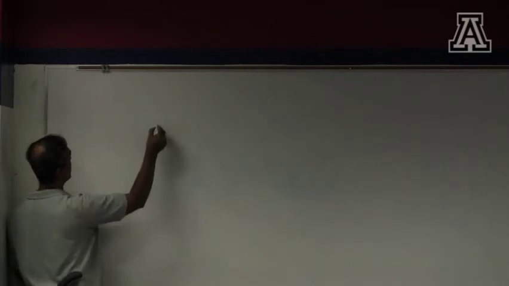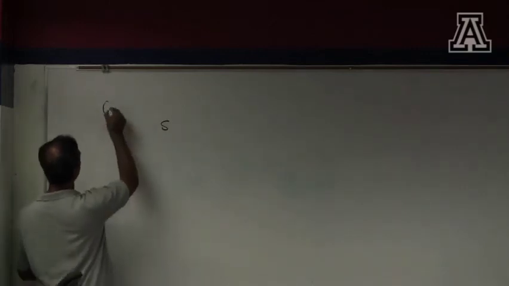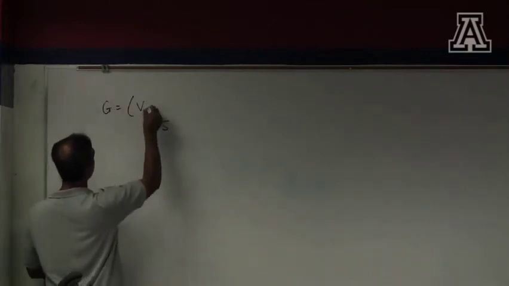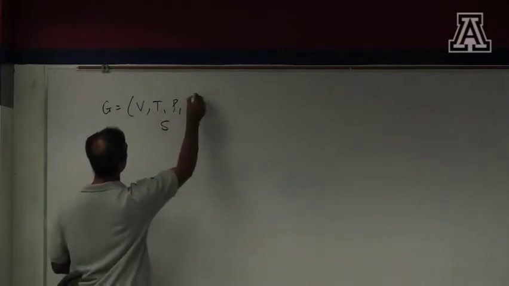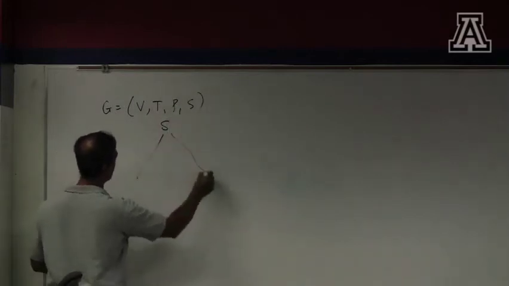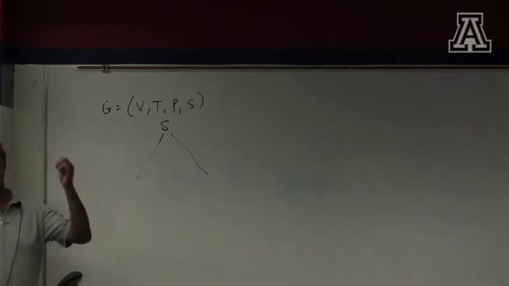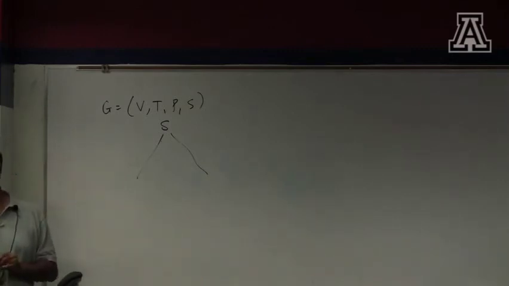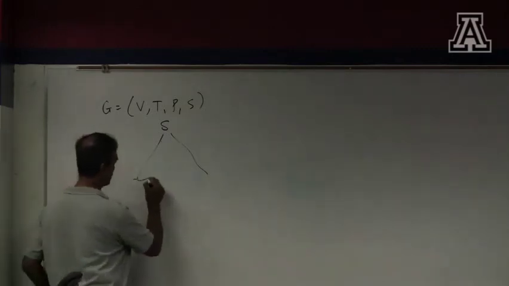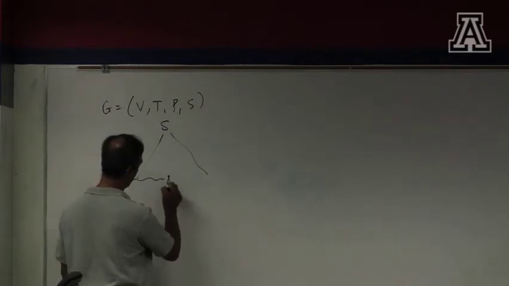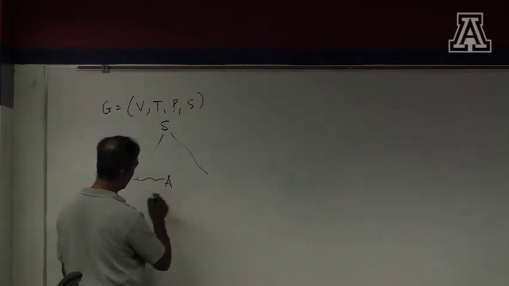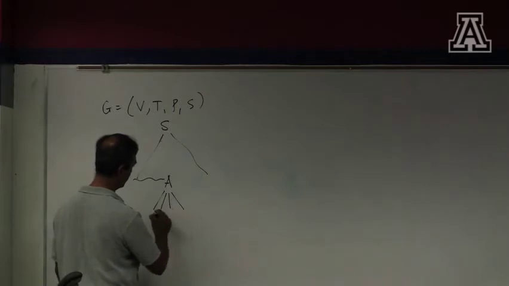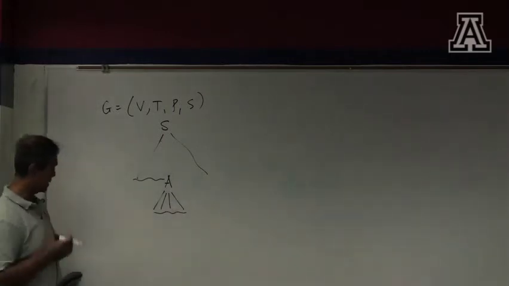So the question we'll ask is this. Here's my start symbol. So I have a grammar: variables, terminals, productions, start symbol. And let's look at some derivation in this grammar. So I've applied the derivations. I have some variable A, and this guy goes off and obtains other stuff.